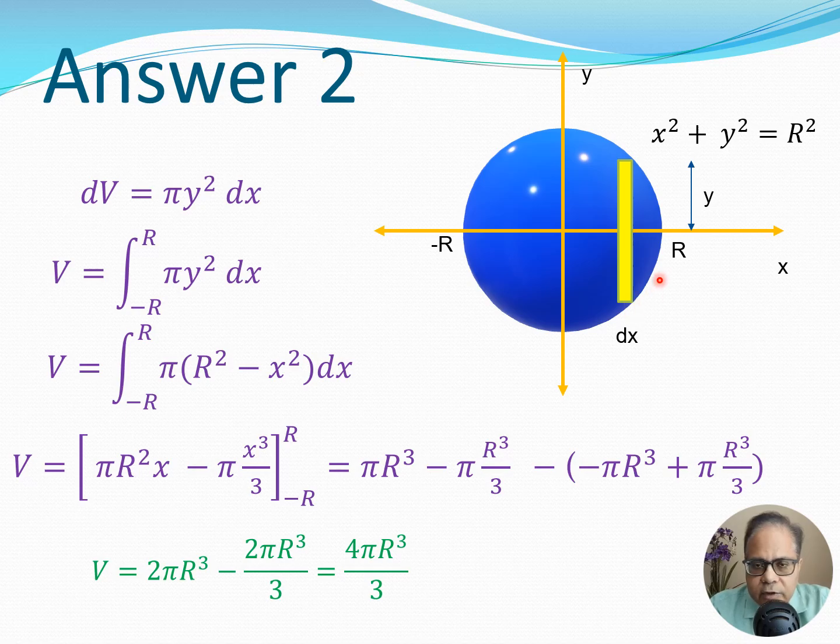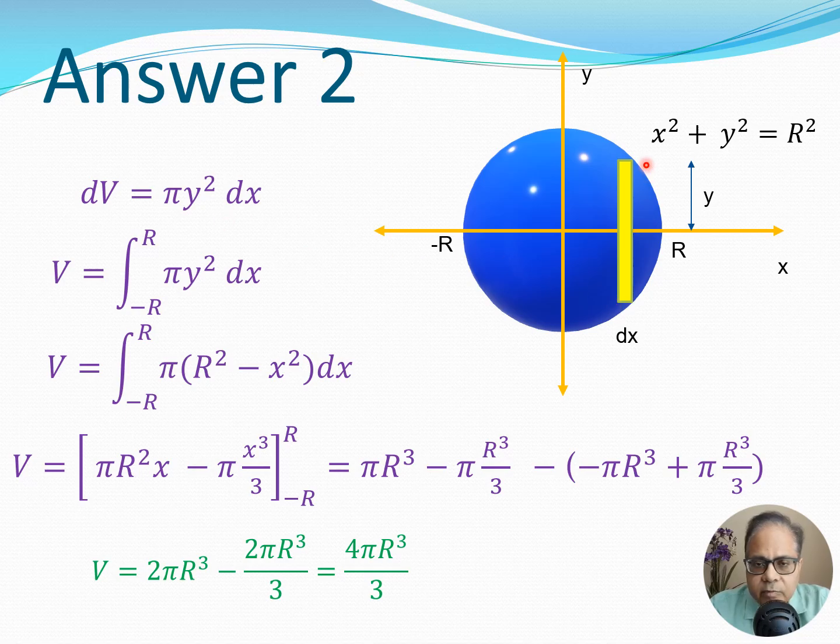So we can think this is a circle here. This circle is x square plus y square is r square, and there is a small region here of length dx, and the area of cross section of this region in yellow is pi y square. I'm using the fact that there is a circular cross section here, and this cross section is going to be given by pi y square.